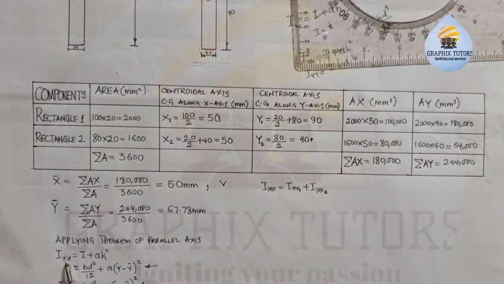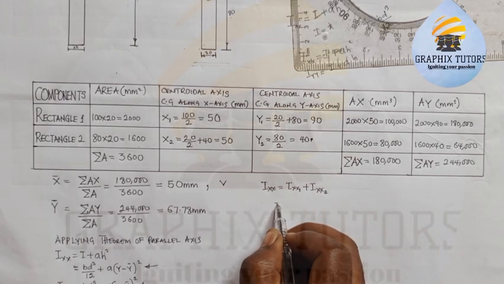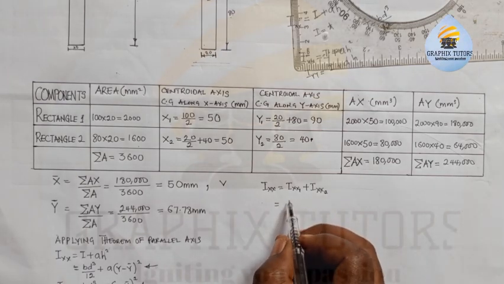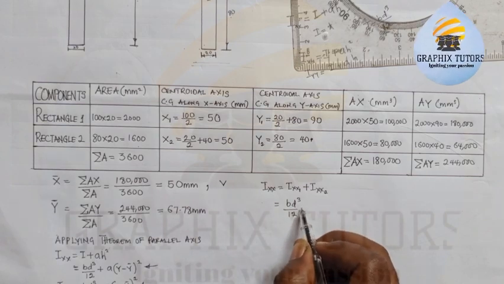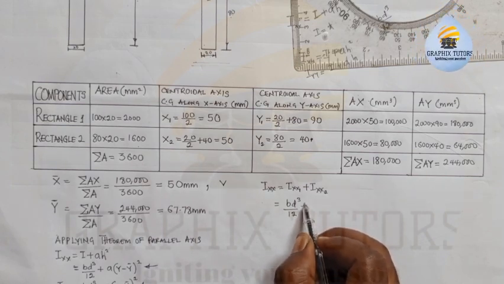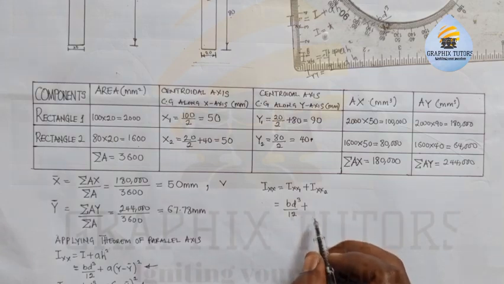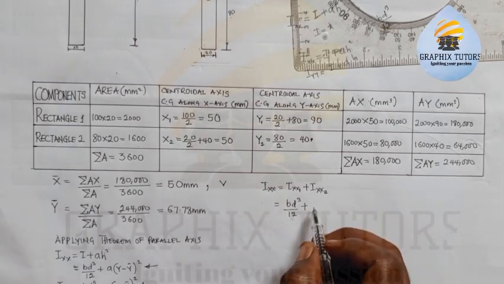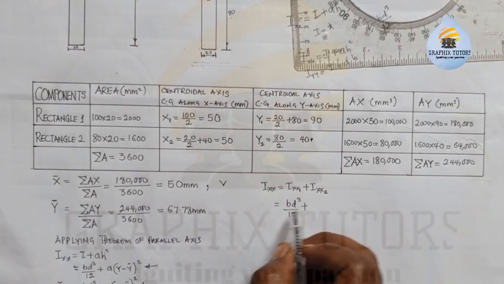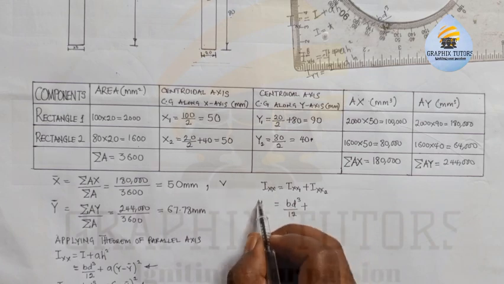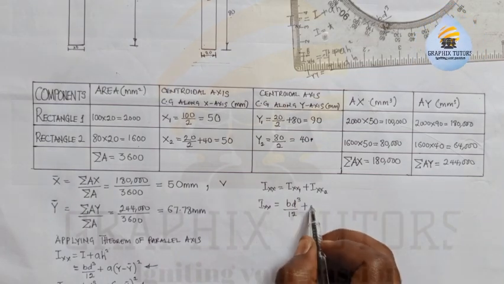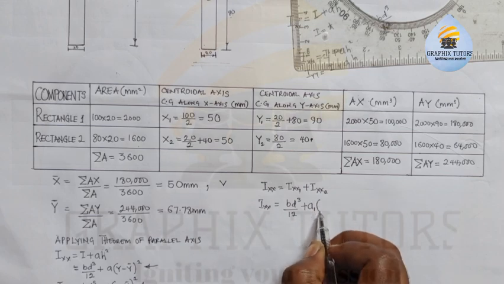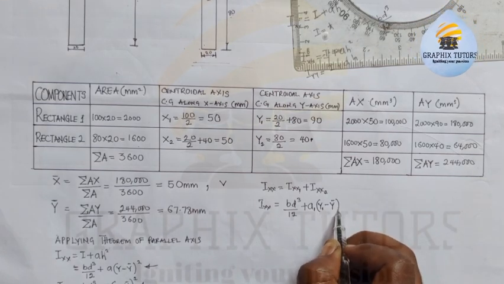So for IXX1, from the formula, this will give BD cube all over 12 plus the area A1 into brackets y1 minus y bar all square.